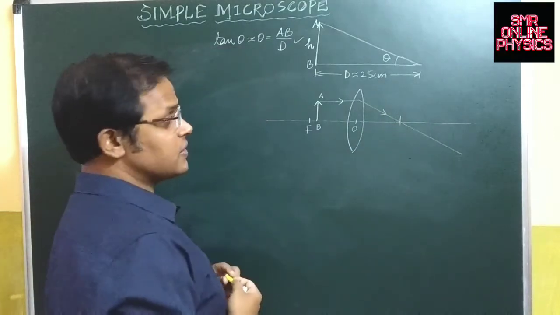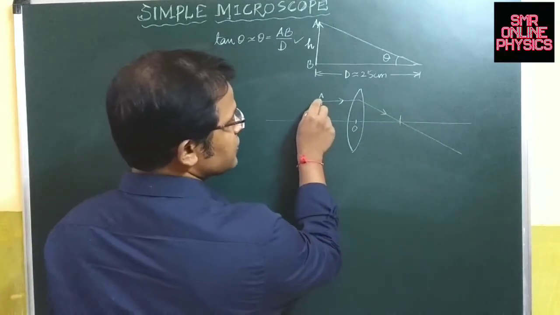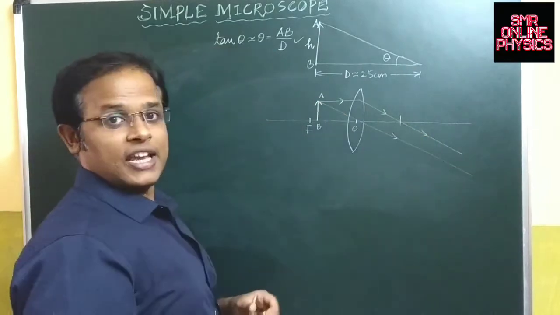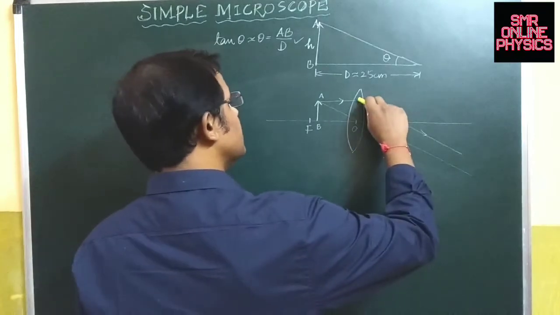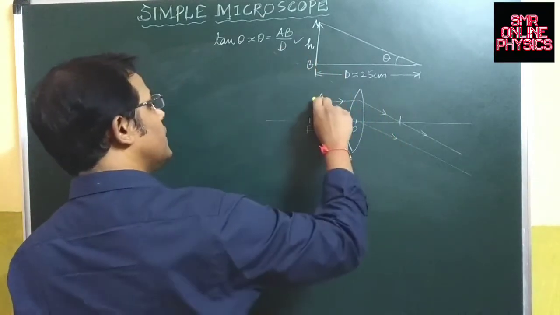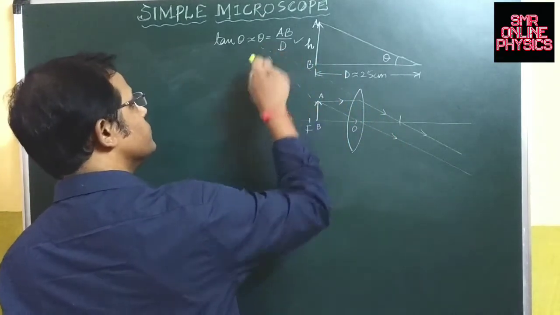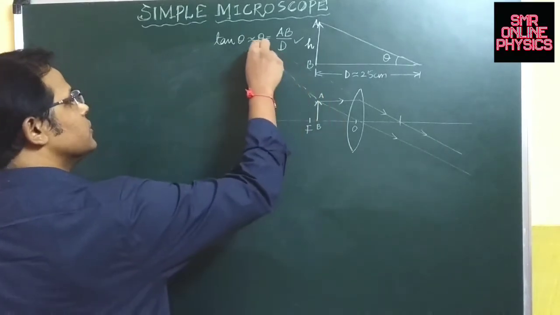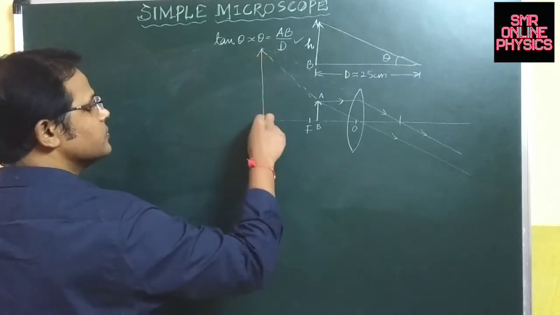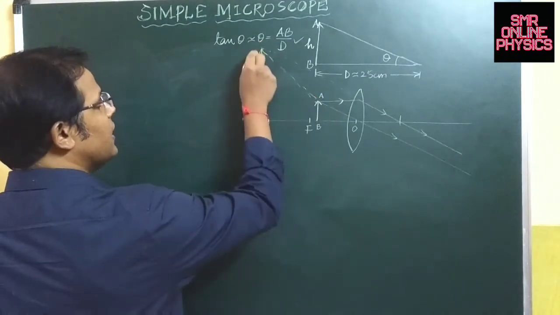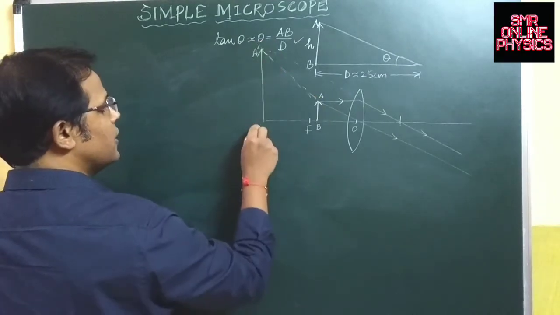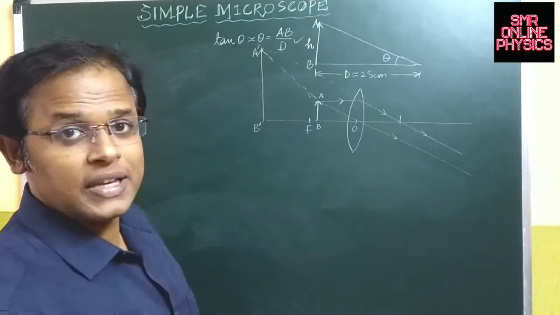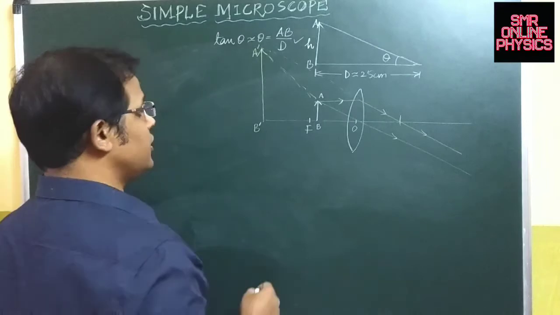This is your focus. Again, the ray of light passes through the optical center. They do not intersect anywhere on that side, but rather they intersect somewhere here. So there you go, an image is formed of this object. If this is A, this is my A dash and this is my B dash. You get to see a virtual, erect and magnified image.